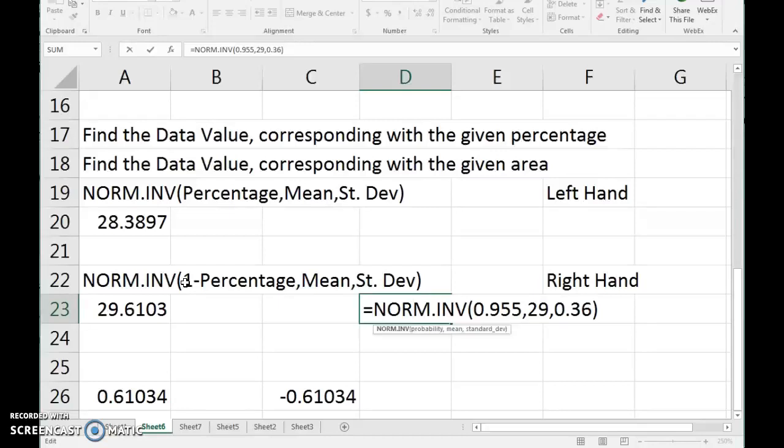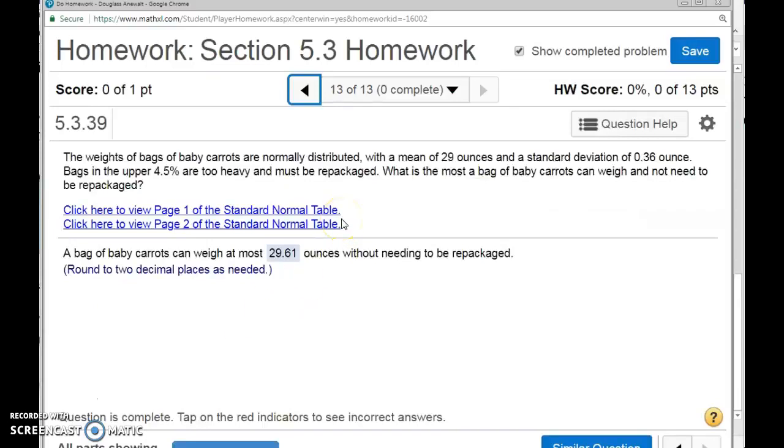So doing 1 minus our percentage gives Excel the input it needs because it is focusing on the left-hand tail. So you have to tell Excel how much should be in the left-hand tail in order to figure out the right hand. And so that wraps up number 13.